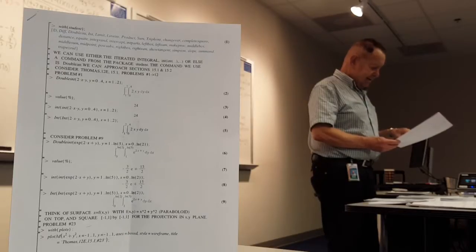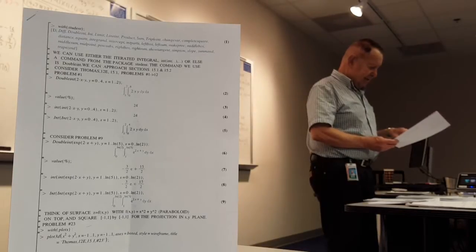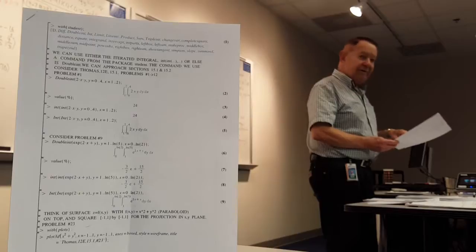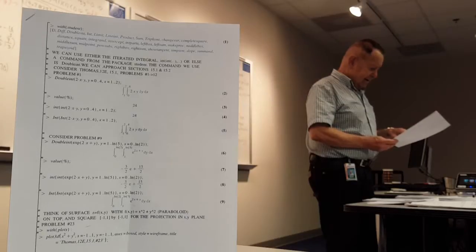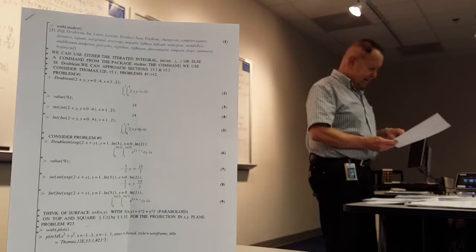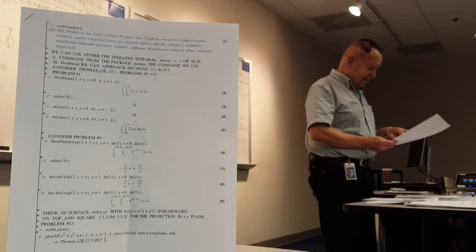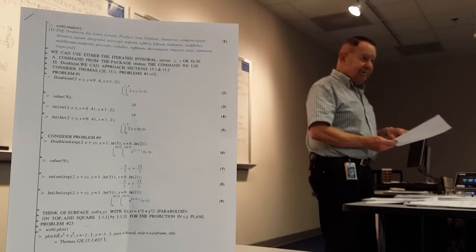See, int e to the 2x plus y, and then your limits on y, so that means you're doing y first, and then int again, and then your limits on x. So you see that number 8 is the same final thing as number 7.